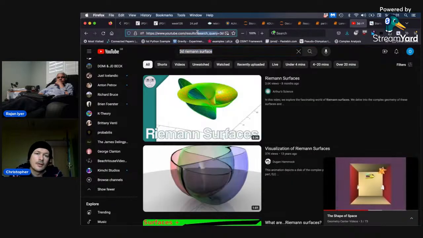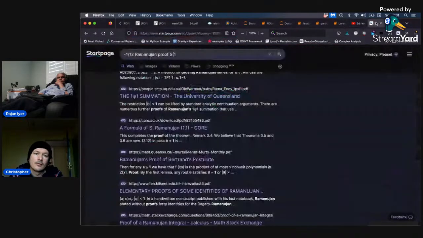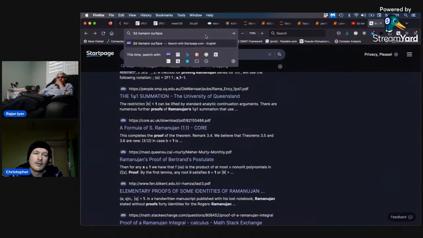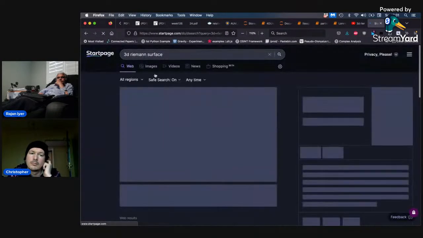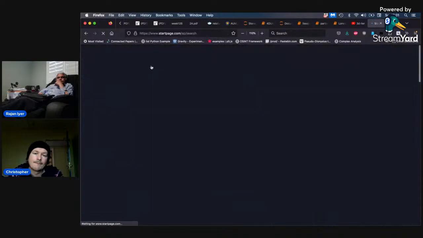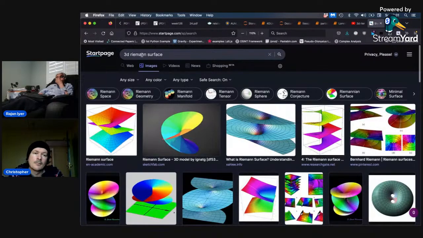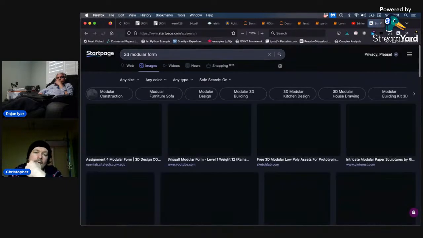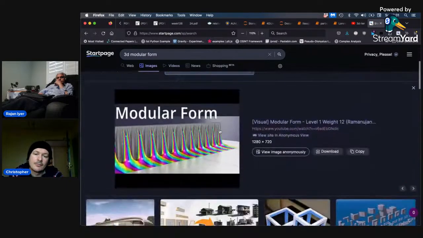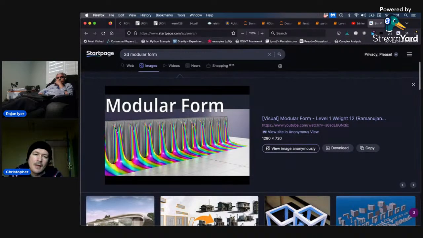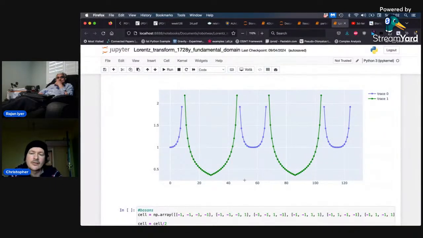Okay, and put that in there. I don't know. 3D modular form. There, this image. So perhaps it's something related to this. I don't know though. I haven't found out enough about it yet to say for sure.